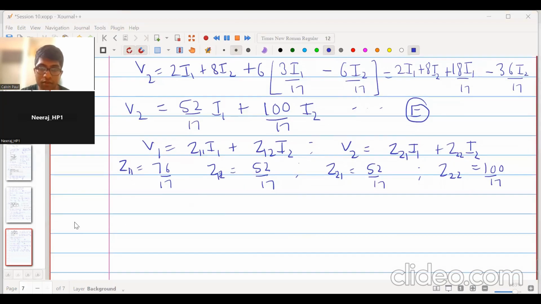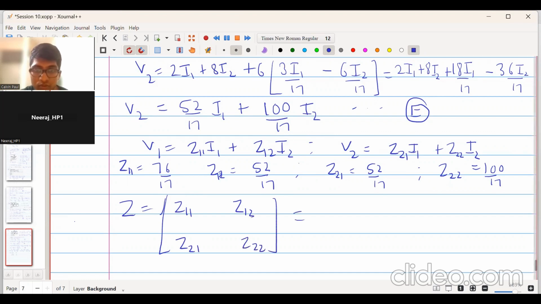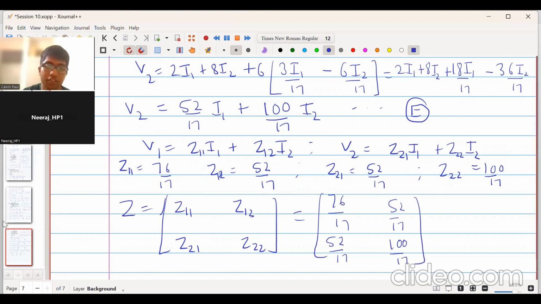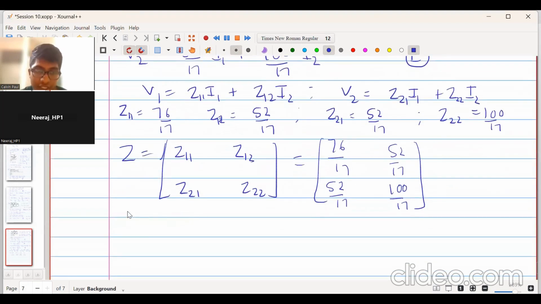So we'll write the Z matrix. Z matrix is Z11, Z12, Z21, Z22, that is equal to 76 upon 17, 52 upon 17, 52 upon 17, and 100 upon 17. So can you tell me what is the determinant of Z?